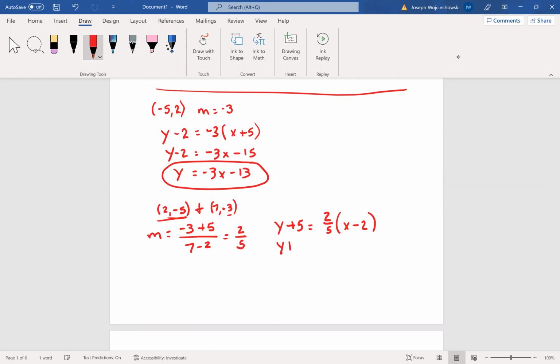So I have y plus 5 is equal to 2/5 x minus 4/5. I can subtract 5 from both sides and I get y equals 2/5 x. 5 is 25/5, so I have minus 29/5. And that is my equation.